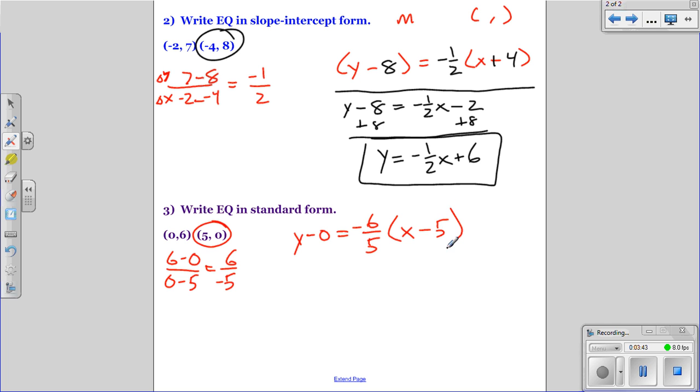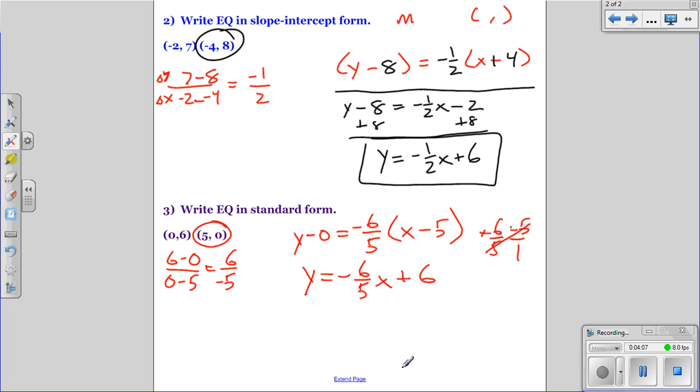Now the first thing I'm going to do is distribute that -6/5. Two negatives become a positive, and it's +6. Because notice, if I do this off to the side, -6/5 times -5, the two negatives cancel, become positive, and you have 6 over 1.